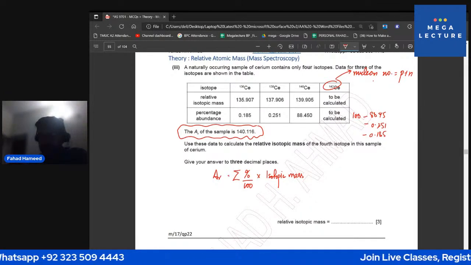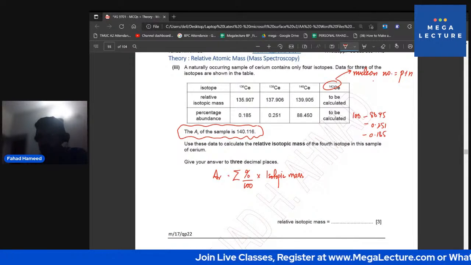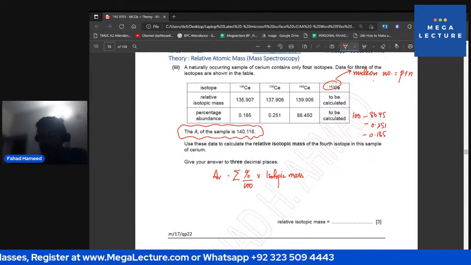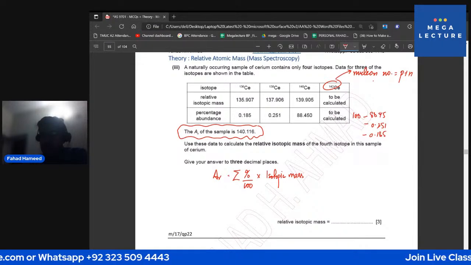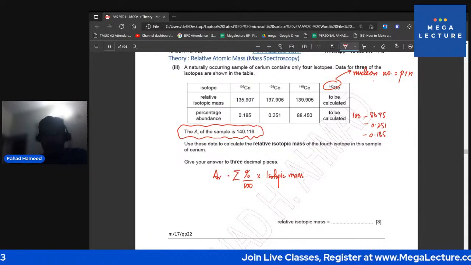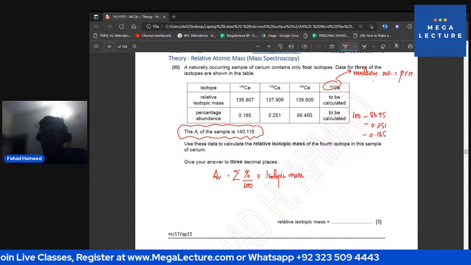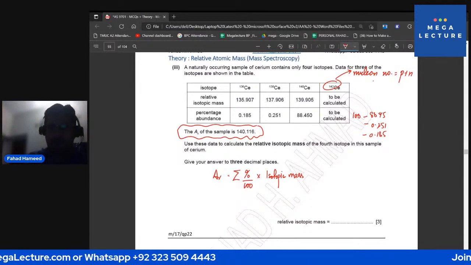I have my calculator with me. 100 minus 88.45 minus 0.251. Be careful with your calculators. Minus 0.185 as well. Let me just double check: 100 minus 88.45 minus 0.251 and minus 0.185. It's giving me 11.114%.